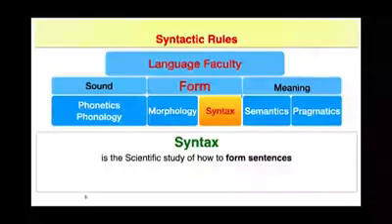Of course, when we speak about language faculty, this language faculty includes knowledge about the sound system of this language, knowledge about how to formulate words, and then to go into strings of words and sentences. And from that, you go into making meaning and expressing things with language.